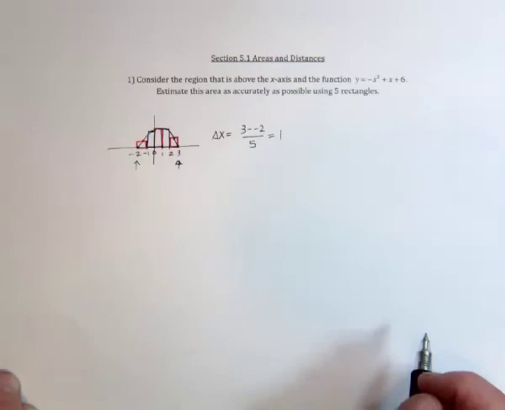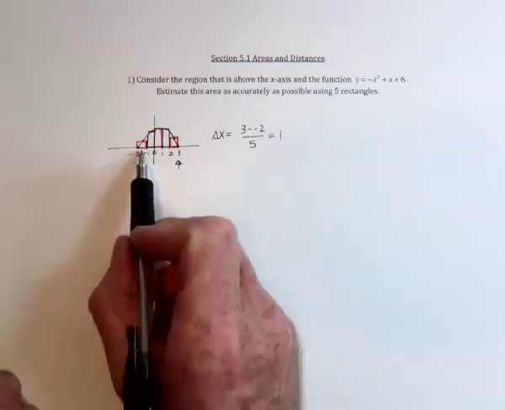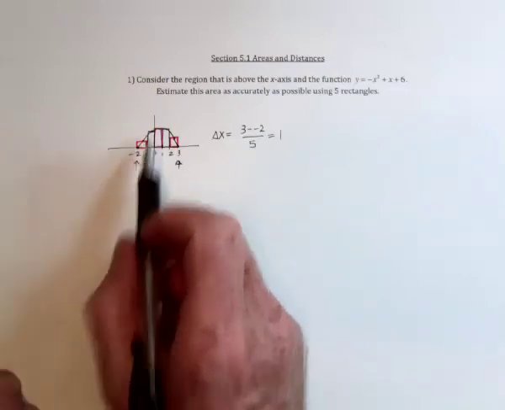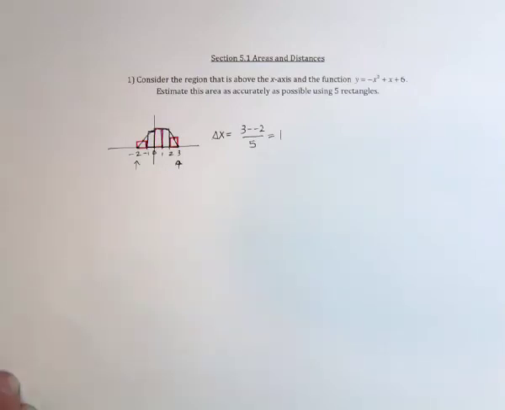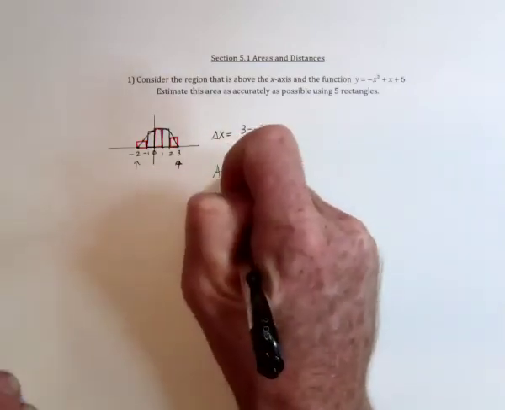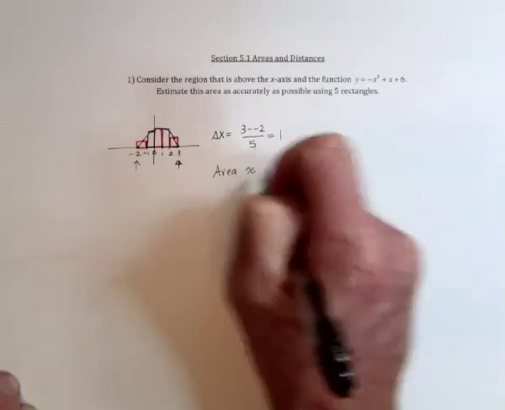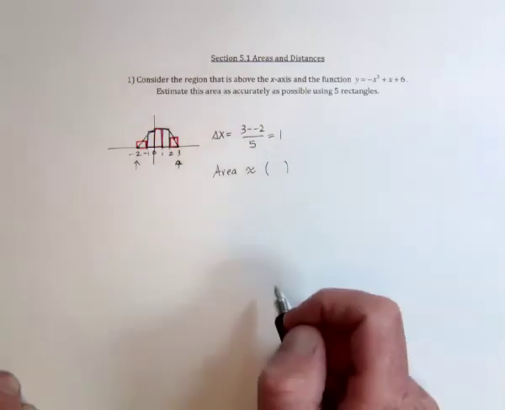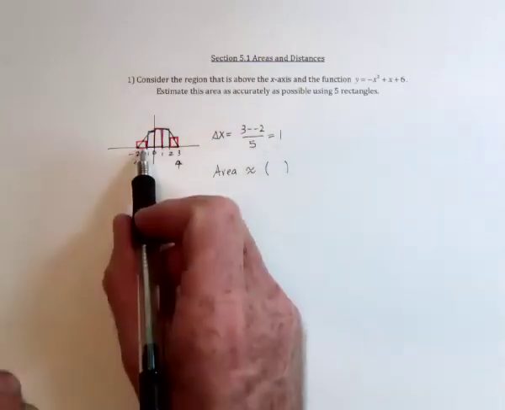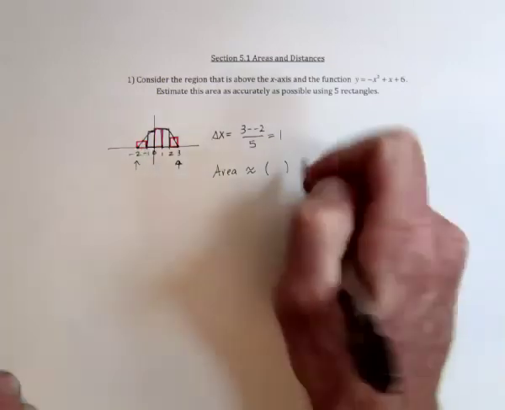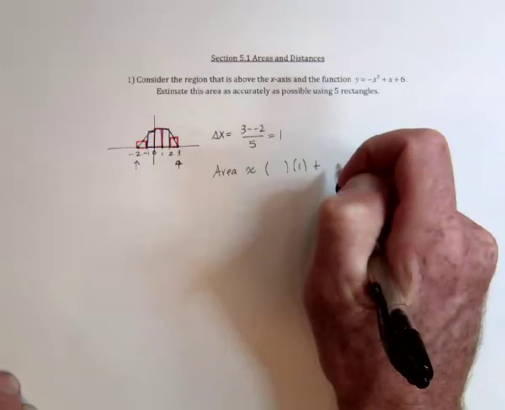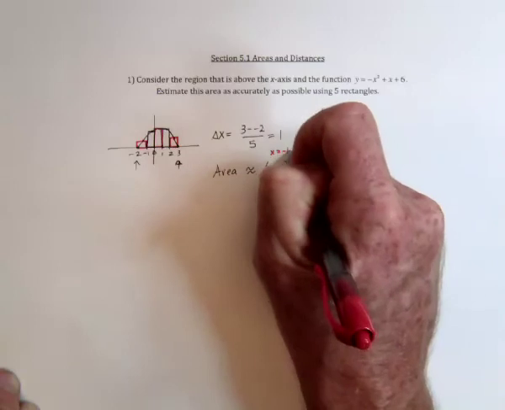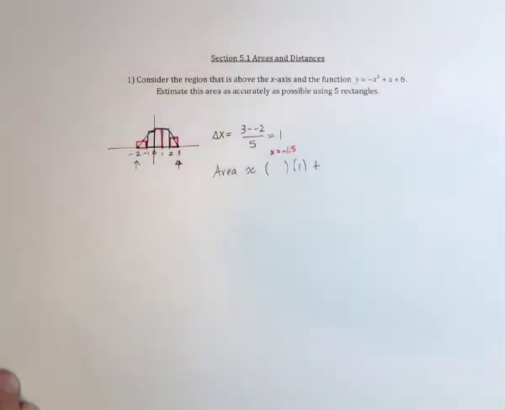And then to find the height, we need to substitute -1.5 into the function, and then -0.5 into the function, etc. So we'd have the area is approximately, substitute -1.5 into the function, and then times 1 plus, so this one is going to be for when x equals -1.5, and then substitute that into the function.